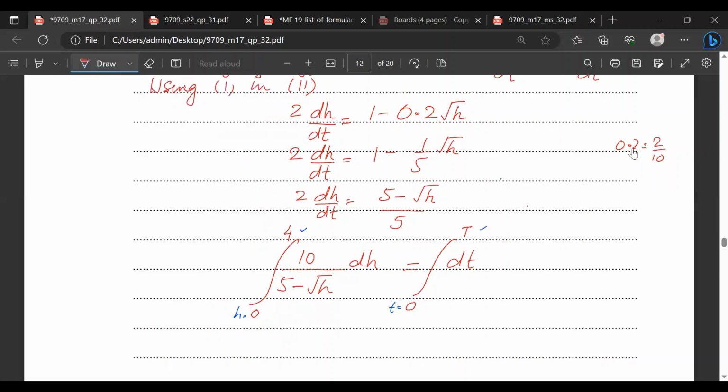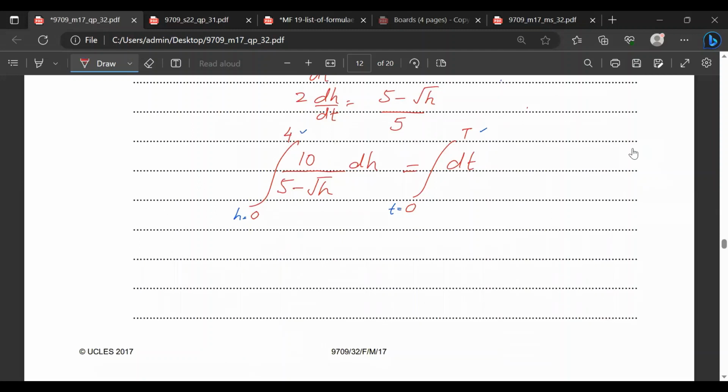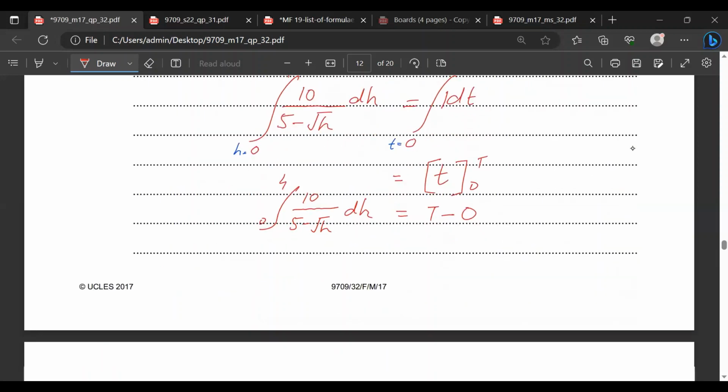Now, leaving the left hand side as it is, you can integrate 1 dt. The integration of 1 with respect to t is t, from 0 to T, which is upper limit minus lower limit. The right hand side is from 0 to 4, 10 over 5 minus root h dh.